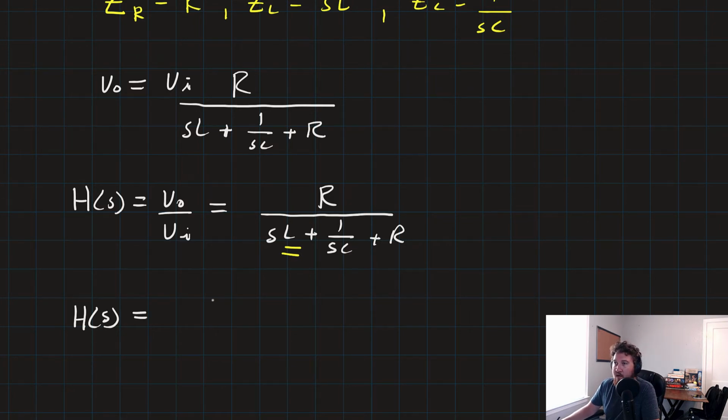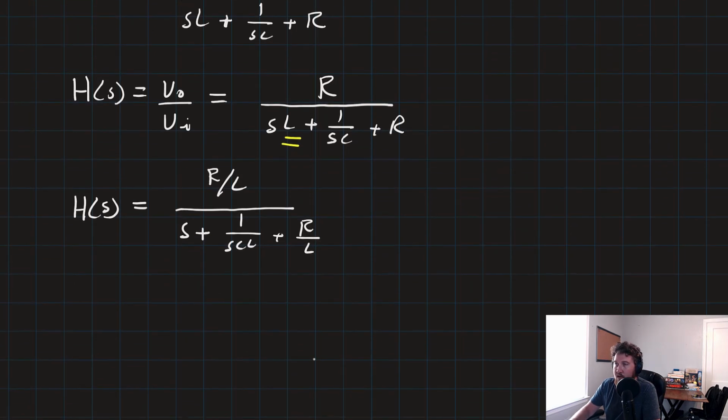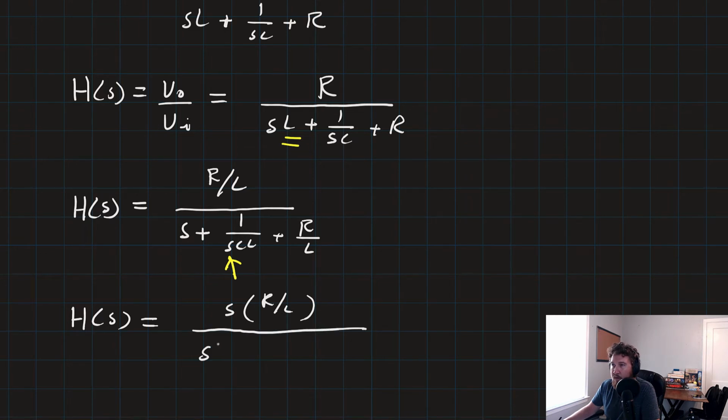That gives us, up top, R over L, over S plus 1 over SCL plus R over L. The next thing I need to do is factor out the S from the 1 over SCL, and that leaves us with our final form: S times R over L on top, over S squared plus S times R over L plus just 1 over CL.